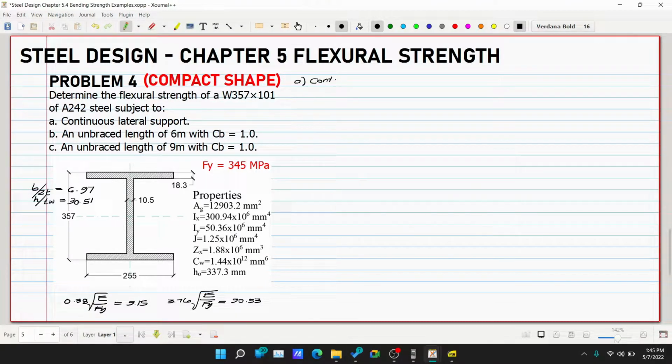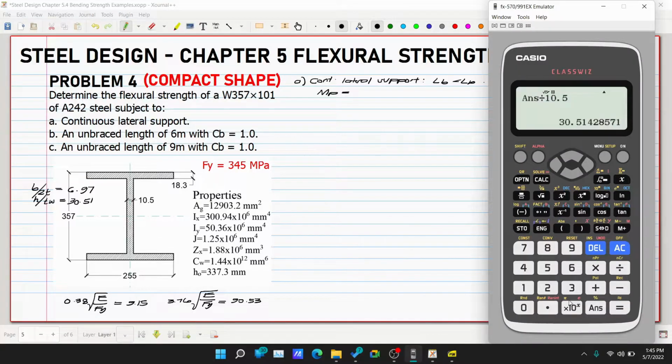Continuous lateral support. Since it is continuous, it means our Lb is less than Lp. Therefore, our Mn is equivalent to Mp. So our Mp is Fy multiplied by Zx. So, we immediately have the nominal bending strength under letter A. Our Fy is 345.